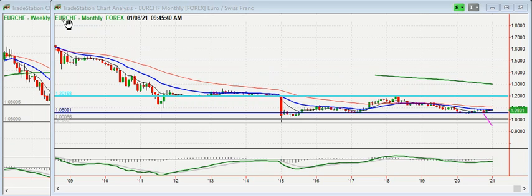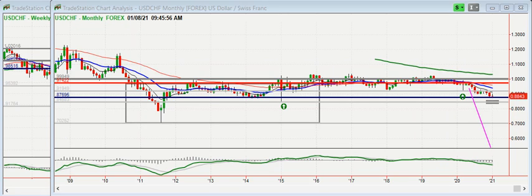So I'd rather be short the US Swiss than long the euro dollar, because the Swiss is stronger than the euro. This is why this is my preferred chart for the long term, and it can go well below the 0.6000 here.